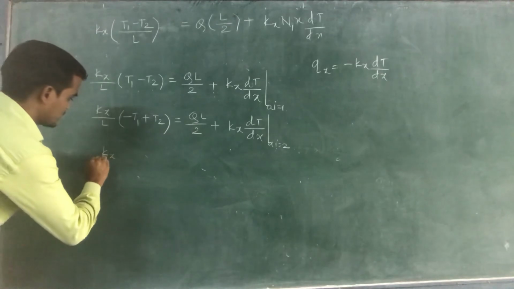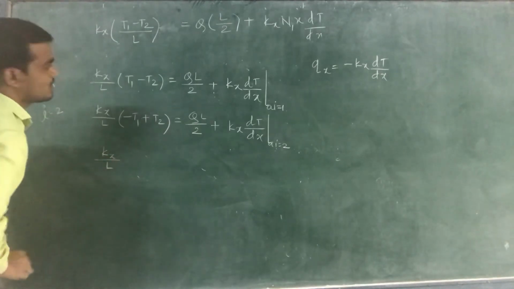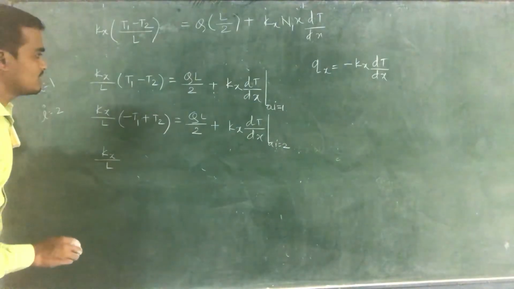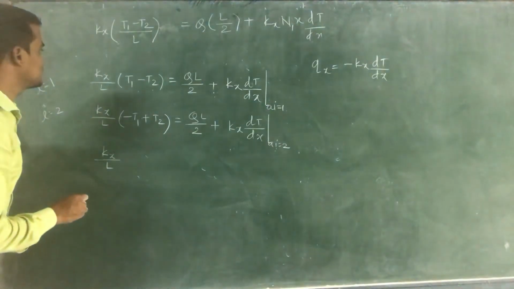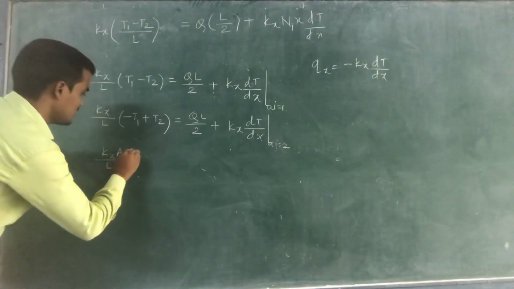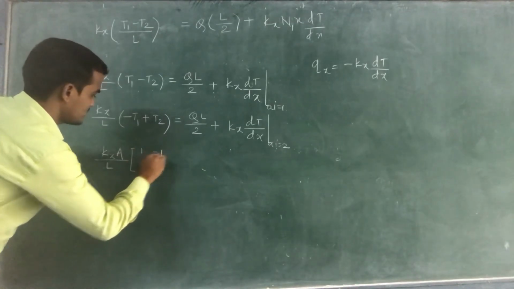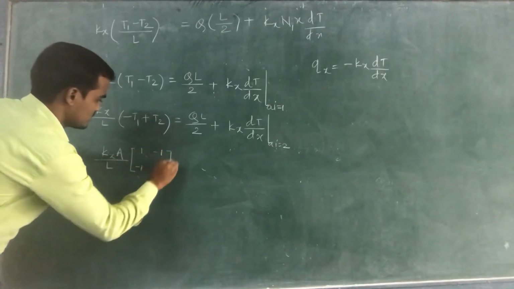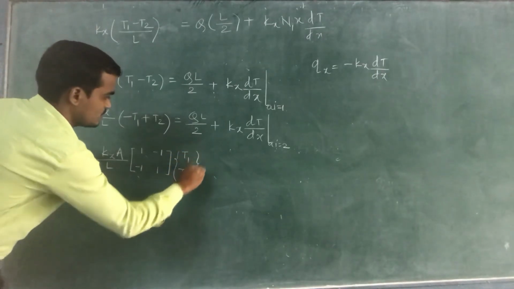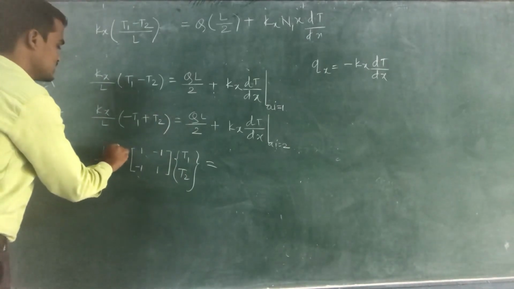kx divided by L, or if we multiply this area, it will become kx into A divided by L in bracket [1 -1; -1 1] into [T1 T2]. Why are we multiplying this area A?